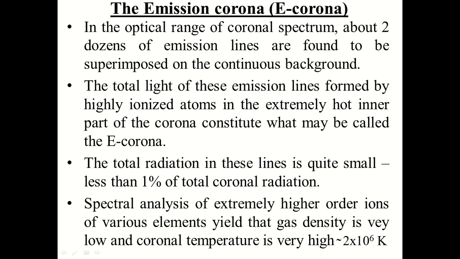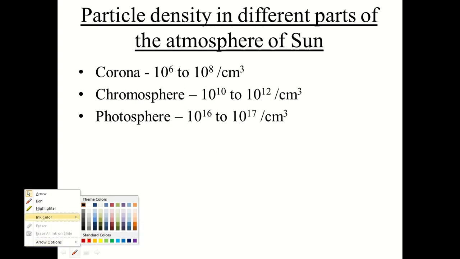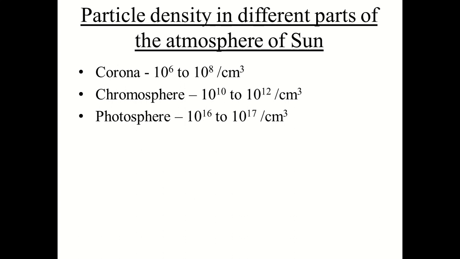Now if we consider the particle density in different parts of the atmosphere of the sun, you can see that corona has a particle density ranging from 10 raised to 6 to 10 raised to 8 particles per centimeter cube, which is the least.